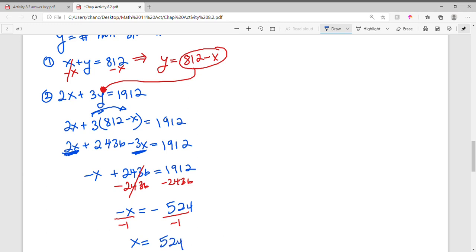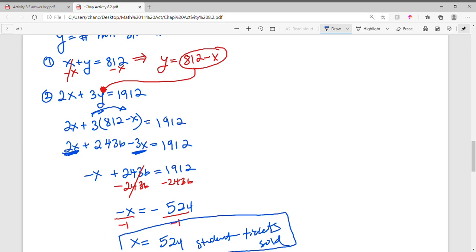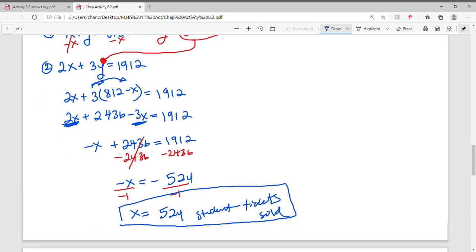So we know there are 524 student tickets sold. And if we want to know how many non-student tickets sold, we can solve for y. But that's all we want for this question. We are done with question 6.